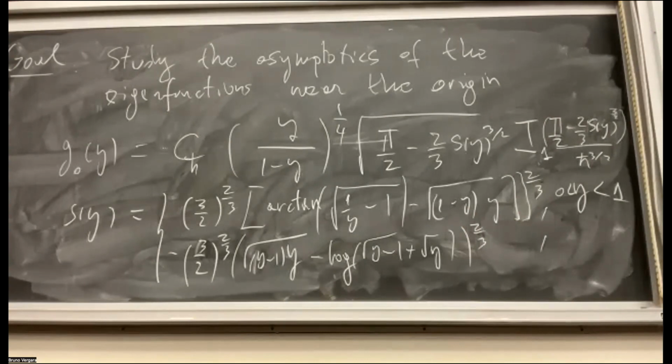The second one is for y bigger than 1. Yes, this is what I said, because then it's minus. I guess it's minus, because there the picture was completely the opposite, with just a sign.